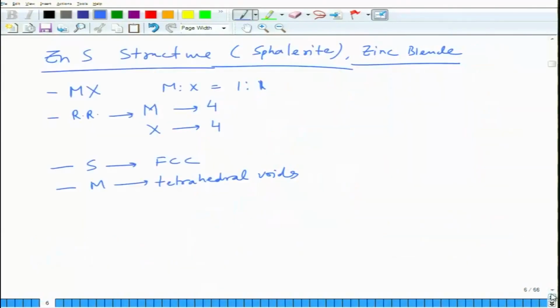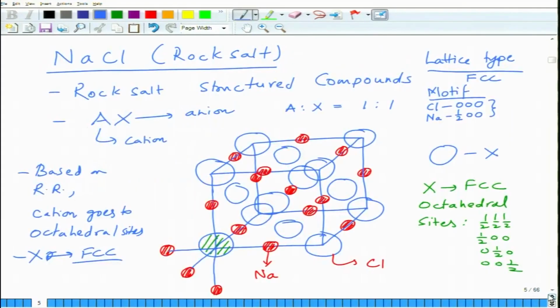Similarly, in the previous case, you can say you have two FCC lattices. One is made by M, second is made by X, and they are shifted by a vector half 0 0. So, you have one cube of M which is shifted with respect to X by just a horizontal shift. So, basically the cube edge can be made here. I can make a cube edge here. So, this could be another representation of the unit cell, right?